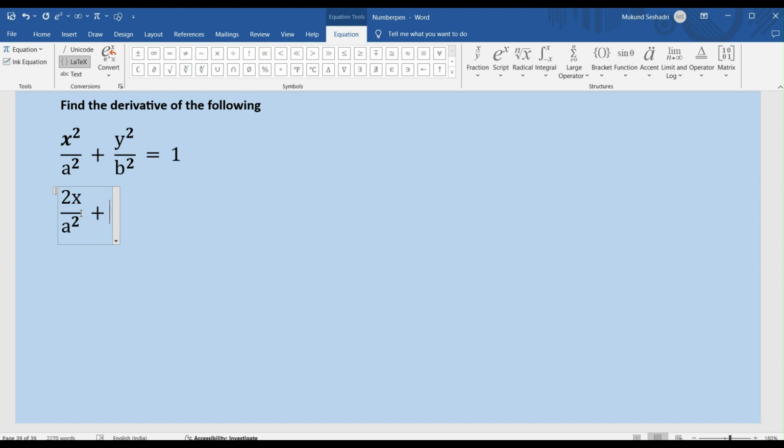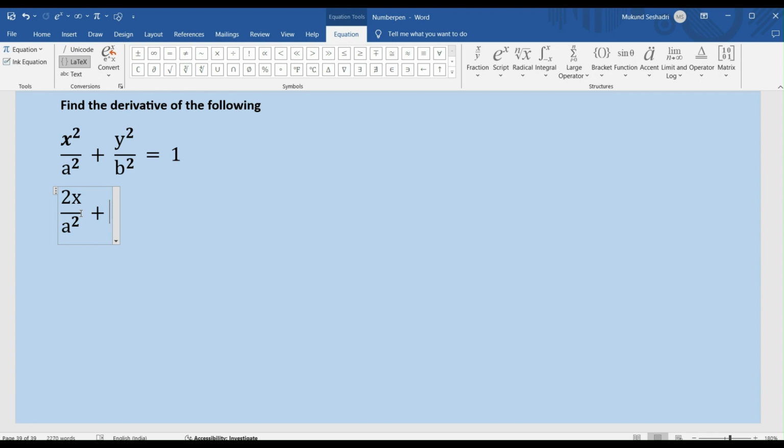And when we are differentiating the expression with respect to x, we still can go ahead and apply the chain rule, what I discussed in my earlier videos. And how do we do that? We have two functions.